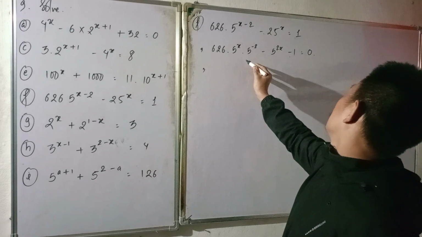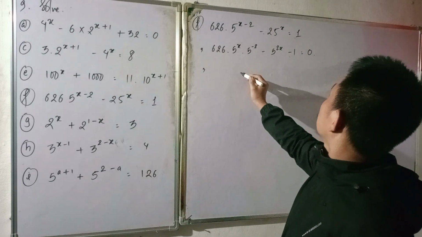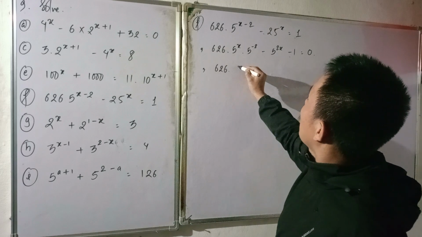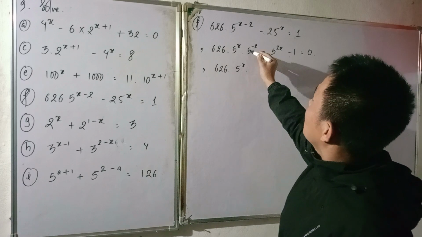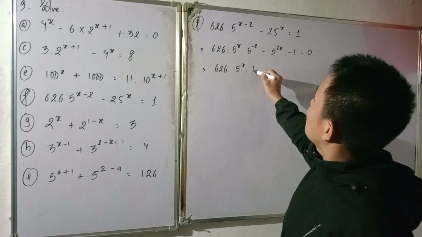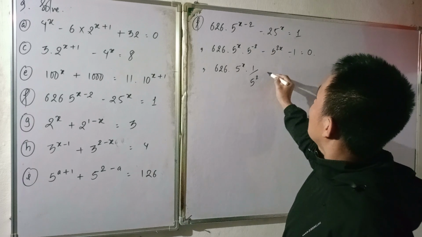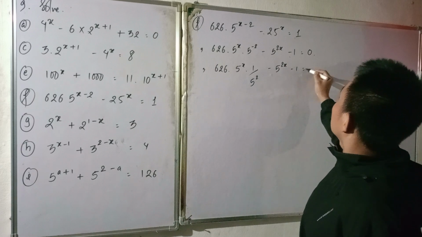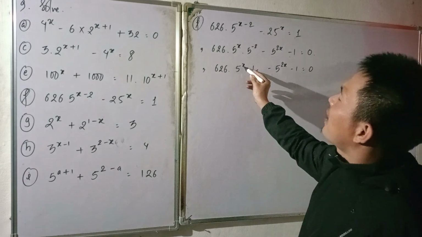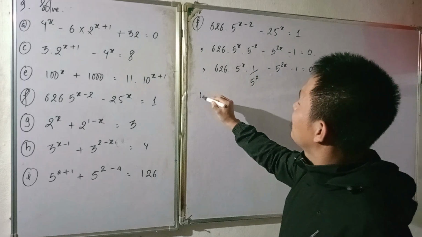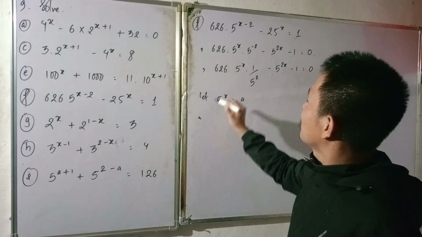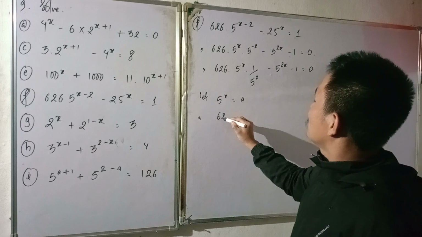Now yes, okay, 626, 5 power x. This 5 power minus 2 can be written as 1 by 5 power squared, minus 5 power 2x minus 1 equals to 0. Let's represent 5 power x by a. Then this is 626.